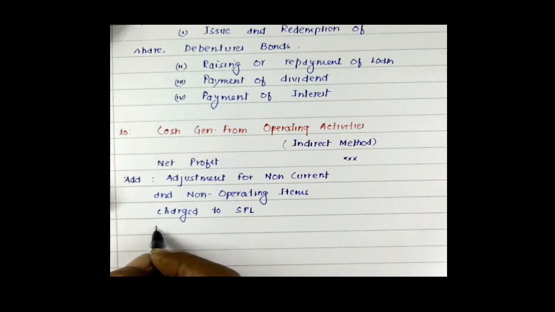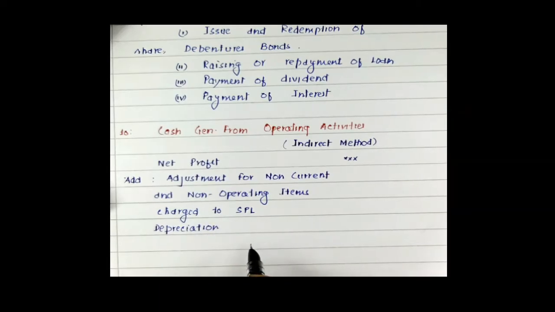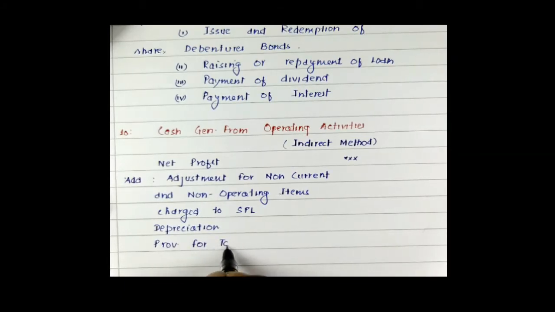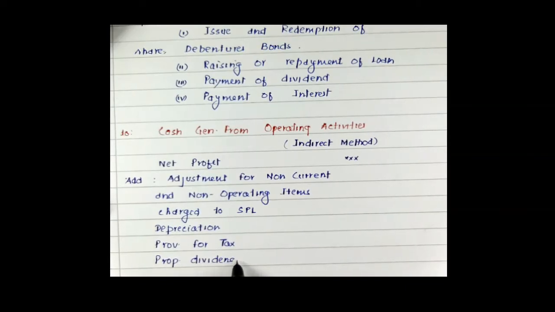So we used to add items like depreciation, provision for tax, proposed dividend, transfer to reserves.